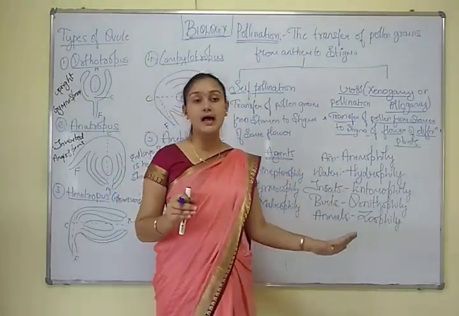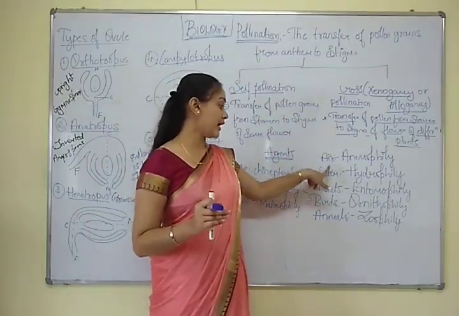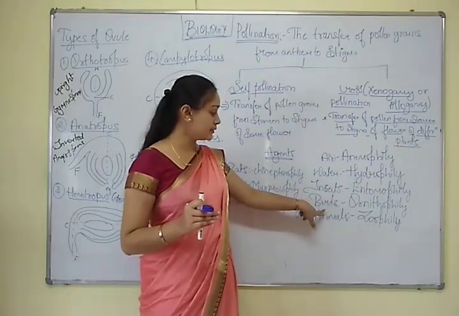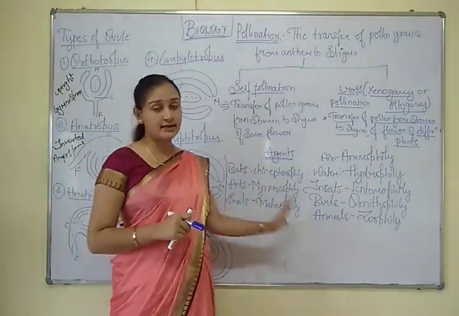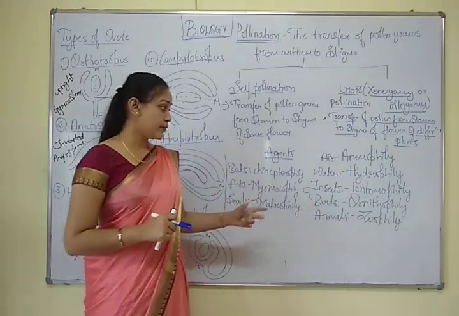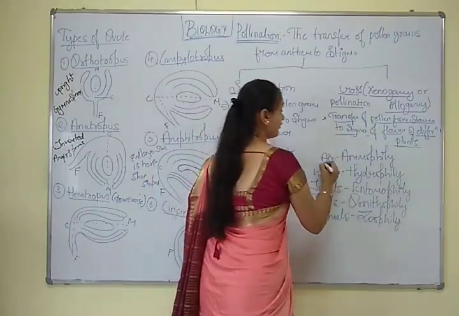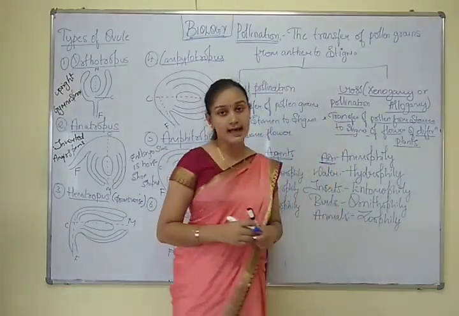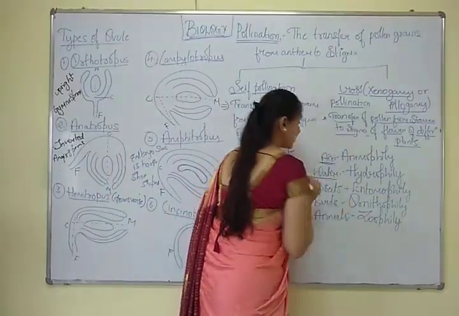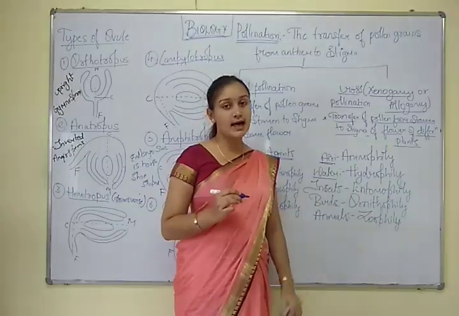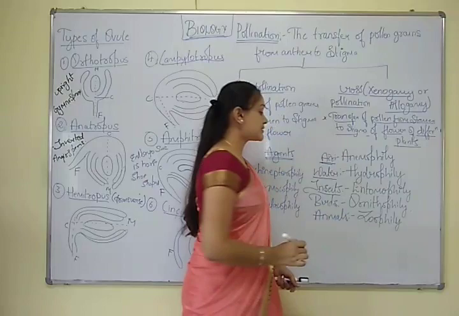So the agents to carry out the cross-pollination are air, water, insects, birds, animals, bats, ants and squirrels. There are different kinds of agents. Suppose the pollen grain is carried by means of air, then it is called anemophily. If it is carried by water, it is called hydrophily. If carried by insects, it is entomophily.